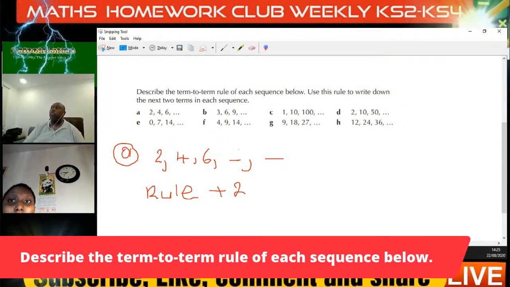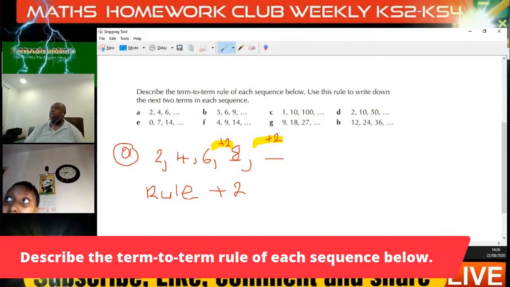Now, we need the next 2 numbers. So we know the rule, and we established the rule is add 2. How can I get from here to here, and from there to there? So the rule is add 2. So what's 6 add 2? No, 6 add 2 is 8, not 18. 8.